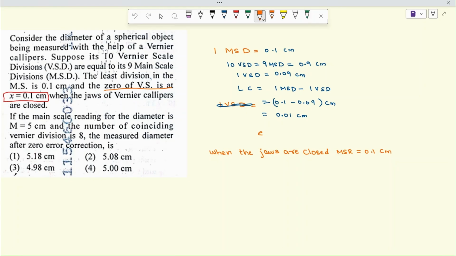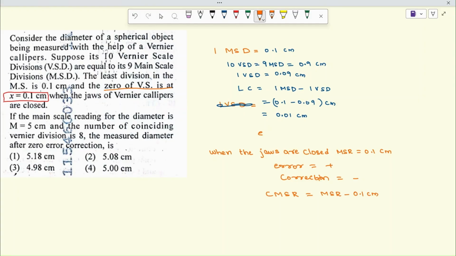So we have to take it as a positive error. Hence, the correction will be negative. So the corrected main scale reading will be the actual main scale reading minus the correction value 0.1 centimeter.